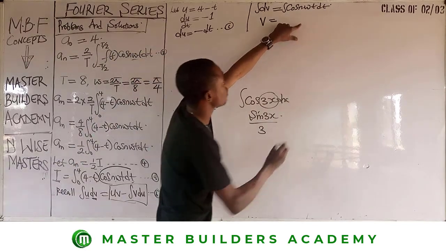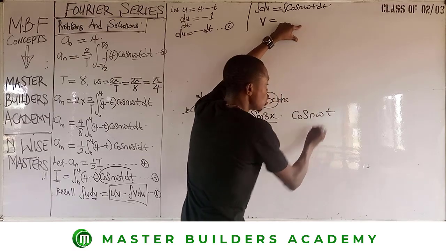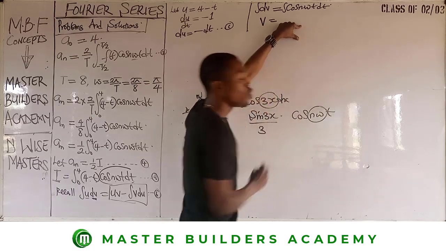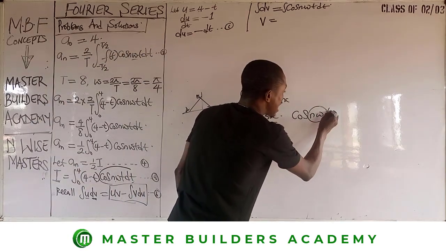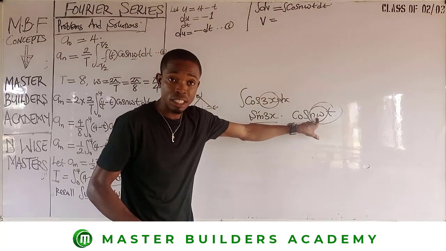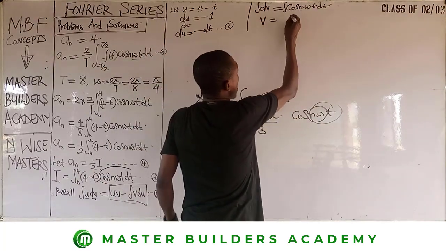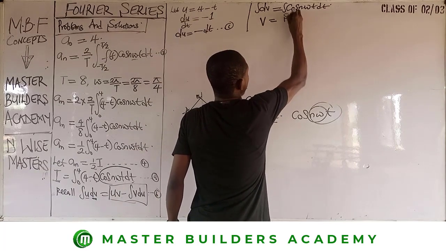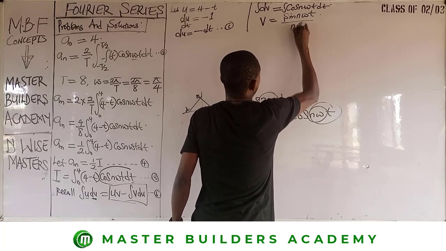Now, like this one we are solving, we have cos n omega t. So that shows that n omega is the coefficient of t. So if we differentiate this n omega t, what will be left is n omega. That means if I integrate this, I will have sine n omega t all over n omega.